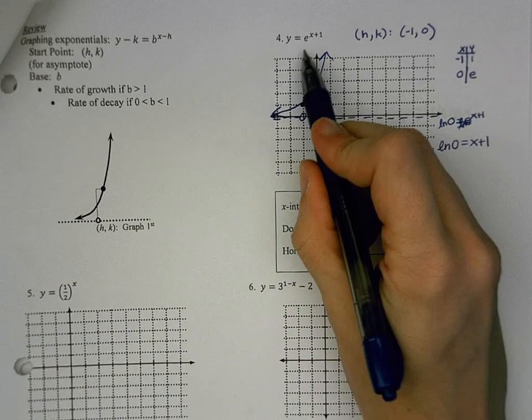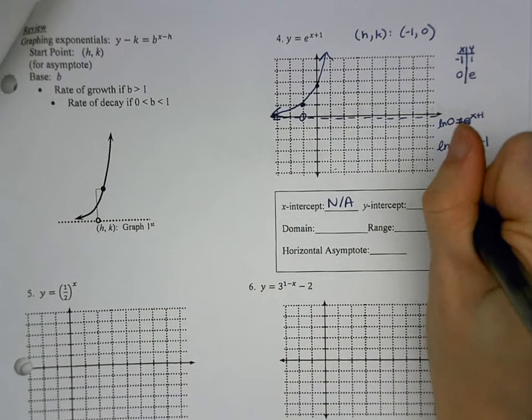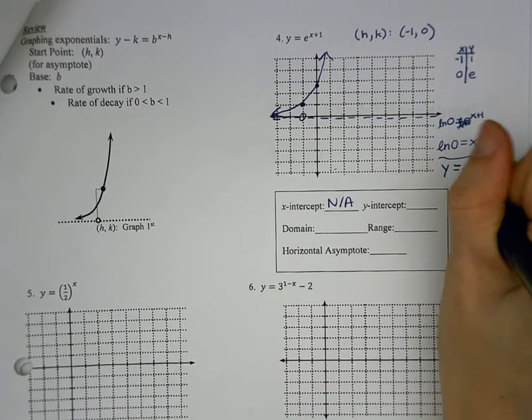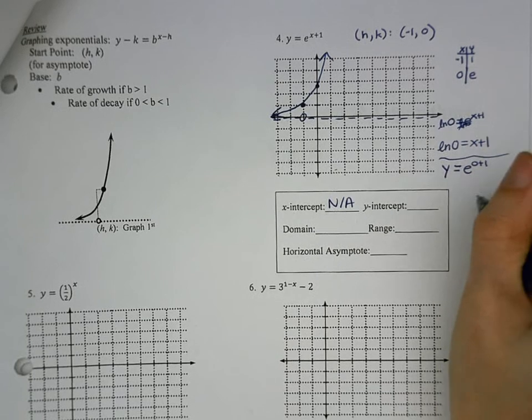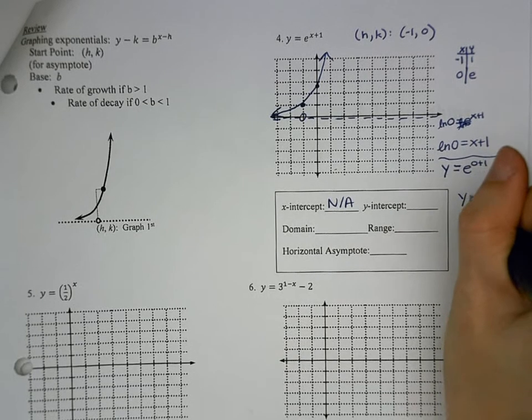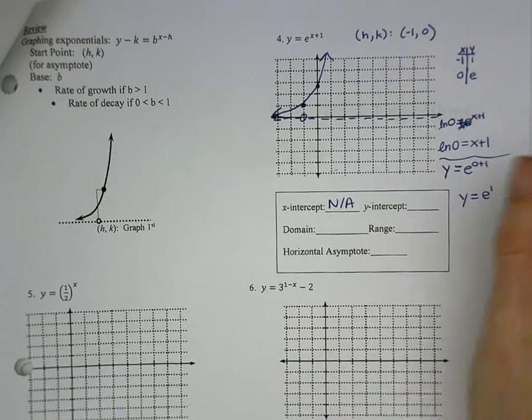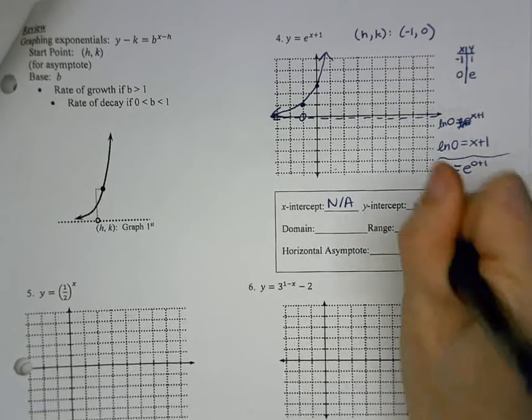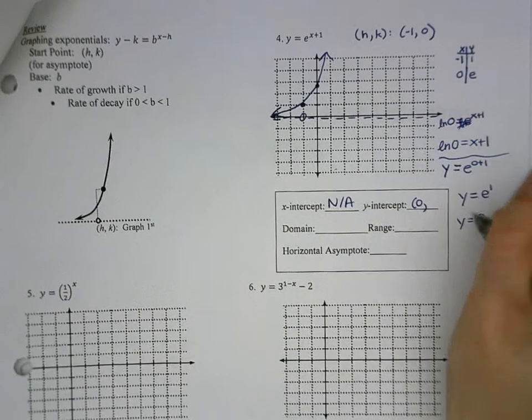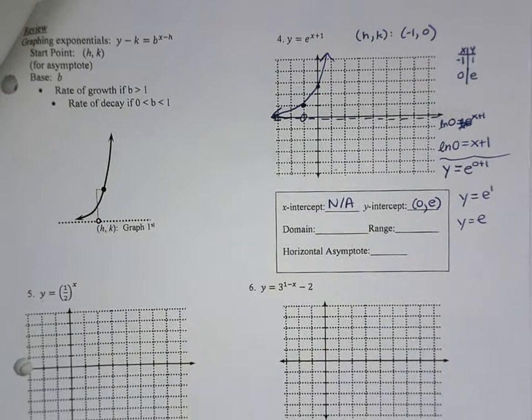Y-intercept is when x equals 0. So plugging 0 into x there, we have e to the 0 plus 1, which is e to the 1, or just e. And so my y-intercept, x equals 0, is e.